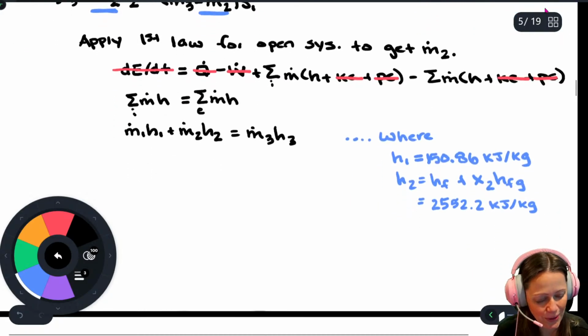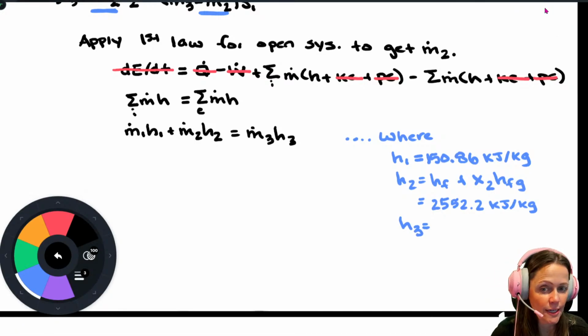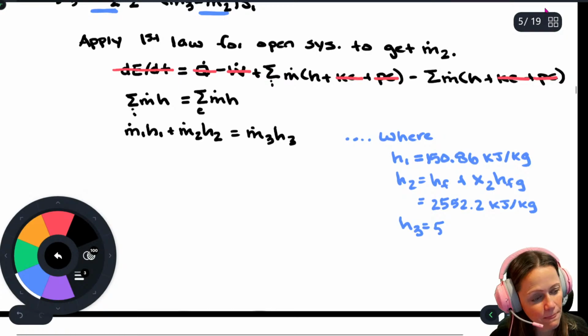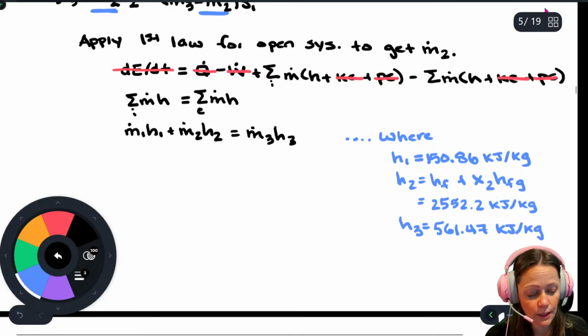And then h3: you have a saturated liquid at 3 bar, so it's going to be the h sub f at 3 bar. And I've got 561.47 kilojoules per kilogram.